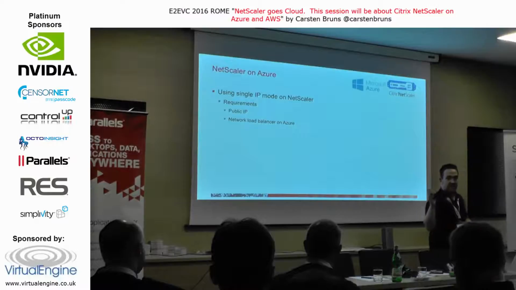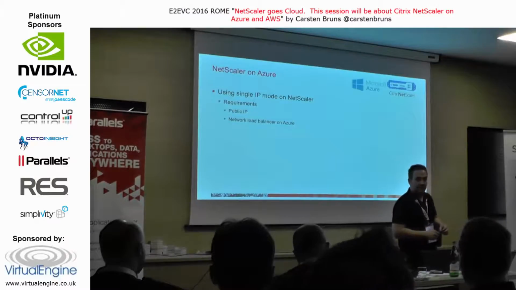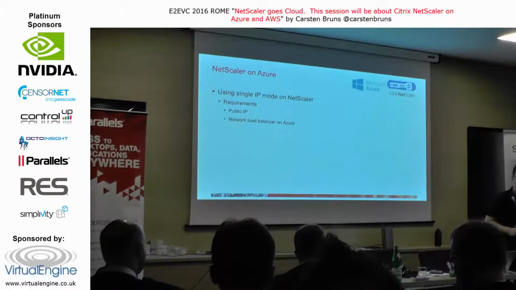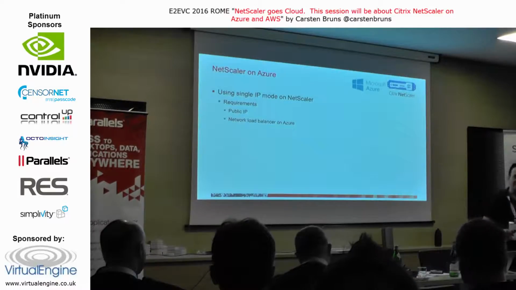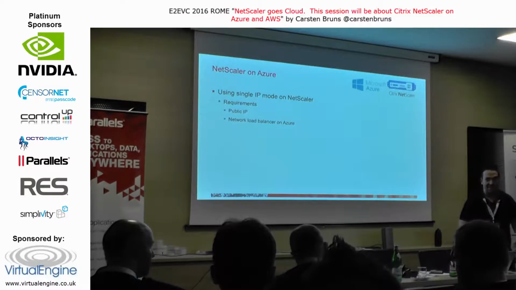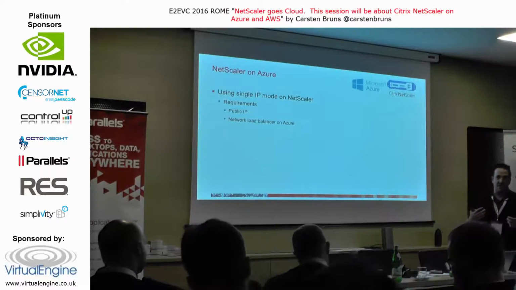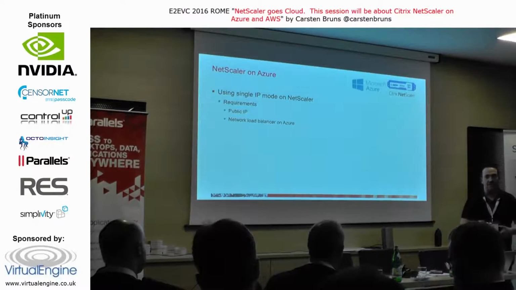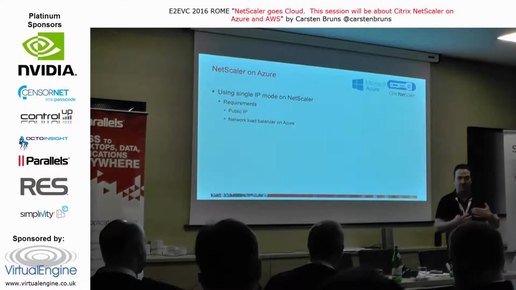Yeah. So can you assign multiple public IP addresses on the Azure load balancer? Is that the idea? Or no, also one? It's also one, but you can create multiple Azure load balancers. Oh, more load balancers. Yeah. Okay. So in my opinion, it's the only way it will work with a lot of services running on your NetScaler. You have to use content switching on NetScaler, so you have to mix it up.